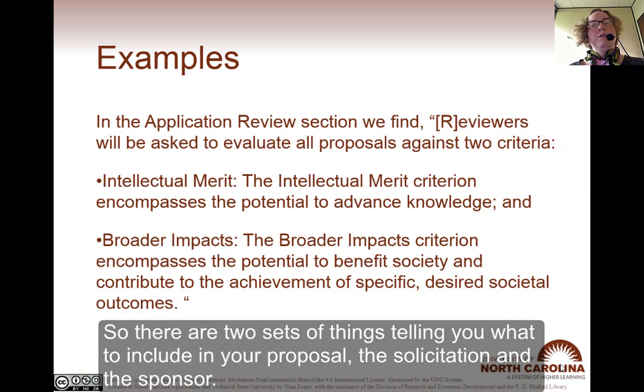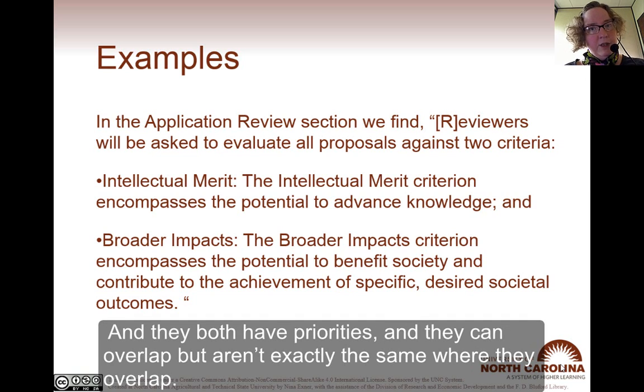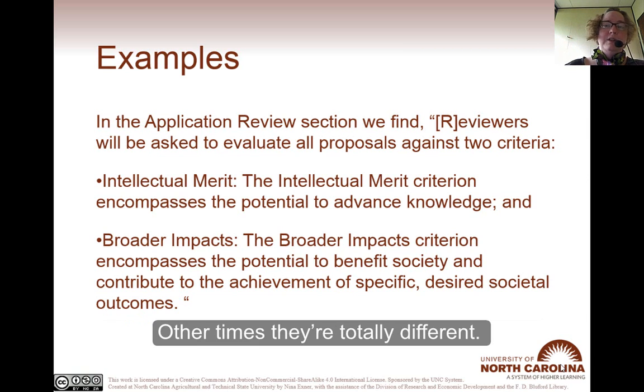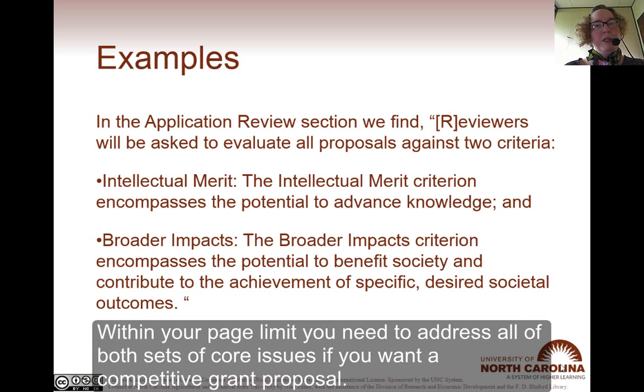So there are two sets of things telling you what to include in your grant, the solicitation and the sponsor. And they both have priorities, and they can overlap, but they aren't exactly the same when they overlap, and other times they're totally different. Within your page limit, you need to address all of both sets of core issues if you want a competitive grant proposal.